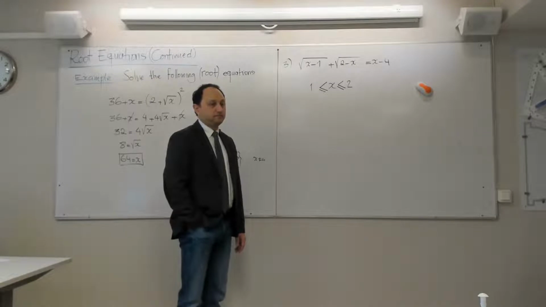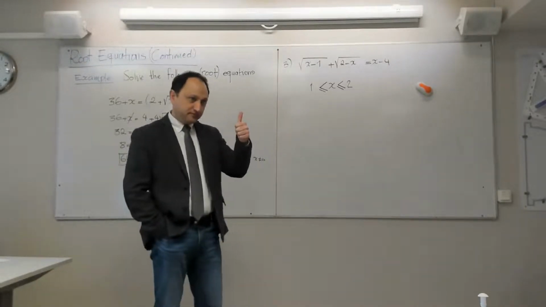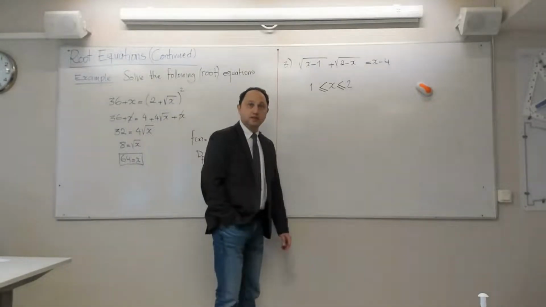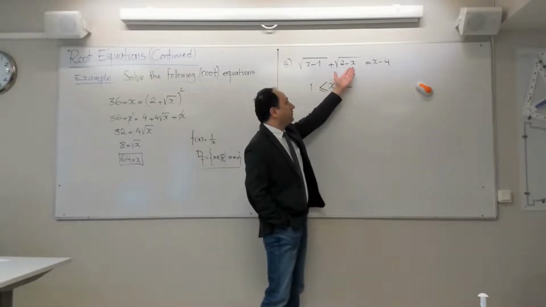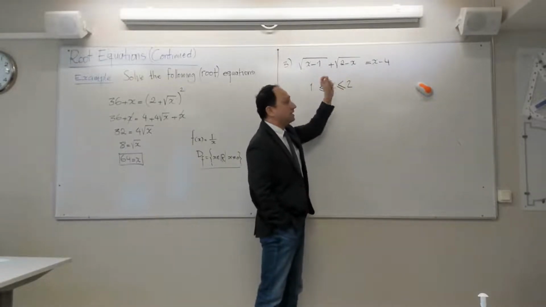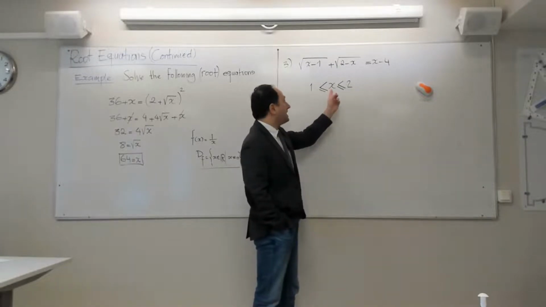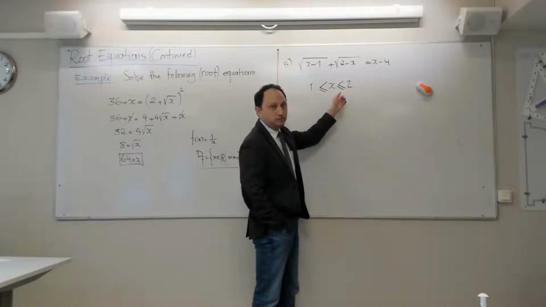So if x is between 1 and 2, then x minus 4 will be negative. That is correct, yeah. Congratulations. So that is exactly it. Because you see that if the left-hand side is supposed to make sense, x has to be somewhere between 1 and 2 inclusive.